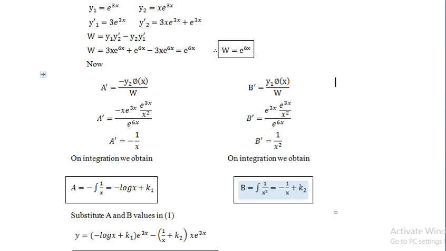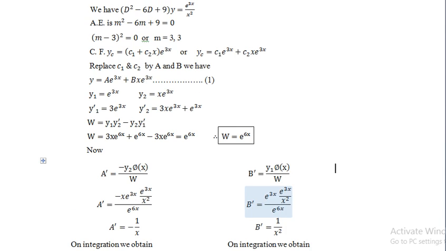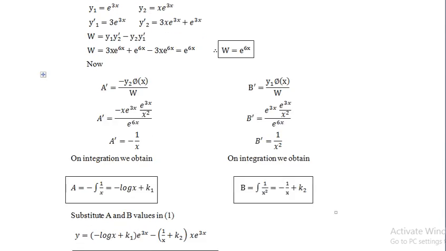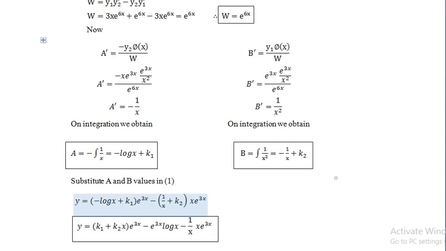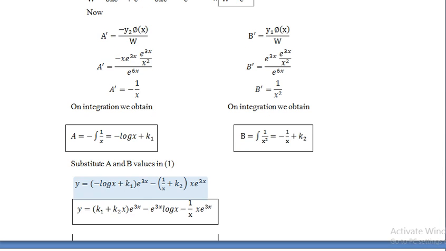So we will obtain the a and b values. We are using these a and b values in equation number 1. So equation 1 becomes a e to the power 3x. So a is minus log x plus k1, e to the power 3x, then minus b y2. So minus 1 by x, or minus into plus, minus 1 by x plus k2, x e to the power 3x.